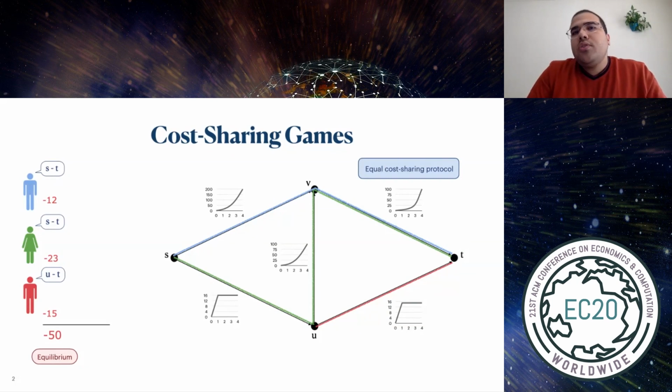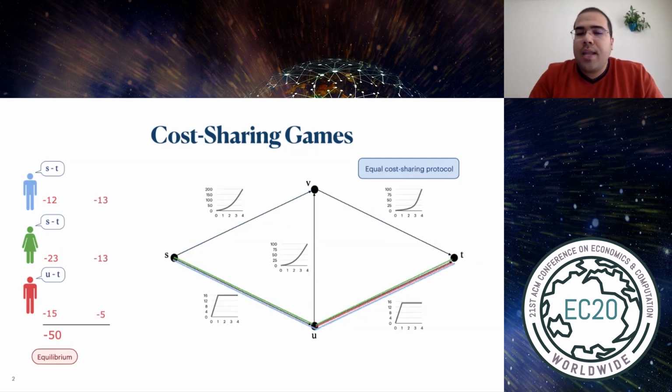However, if we try to find the optimal strategy profile in the sense of the total cost, we can see that the strategy profile in which the blue and the green player use the SUT path and the red player uses the UT edge is the optimal strategy profile. In this case, the cost shares change to 13, 13, and 5, and the total cost becomes 31.